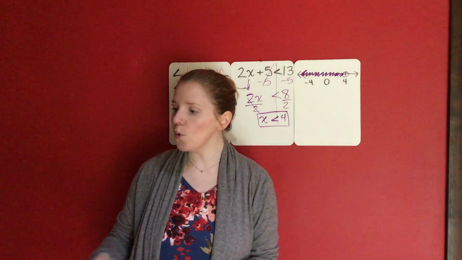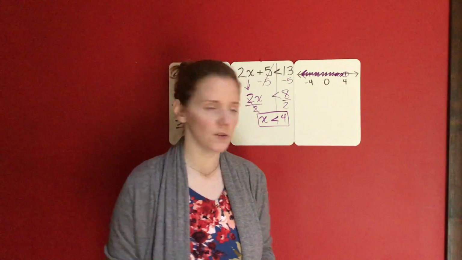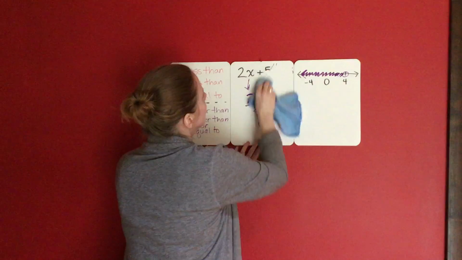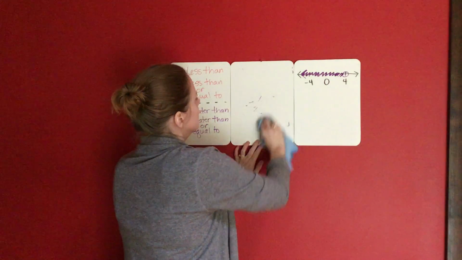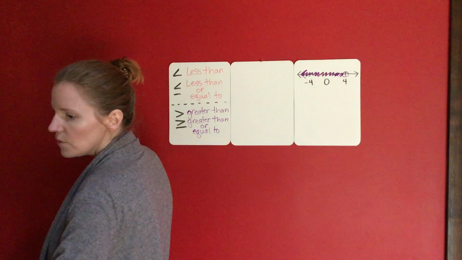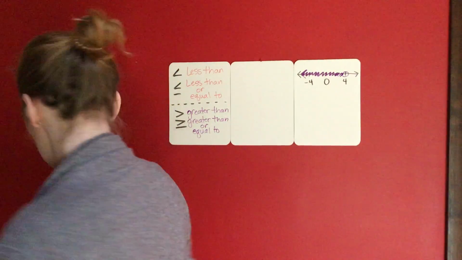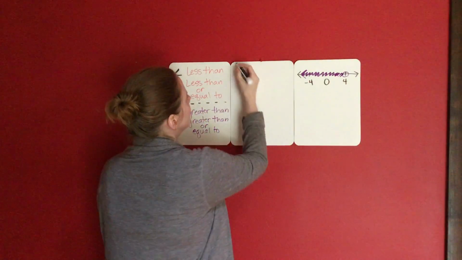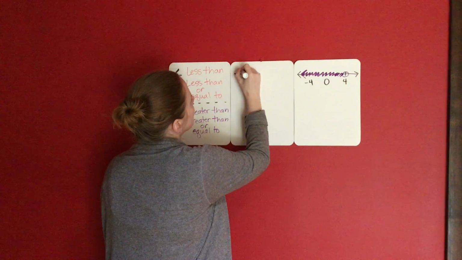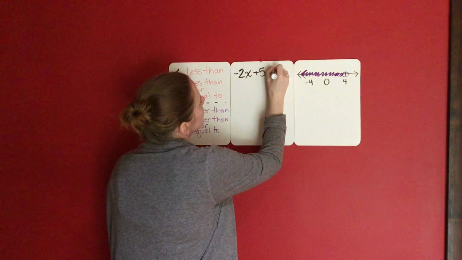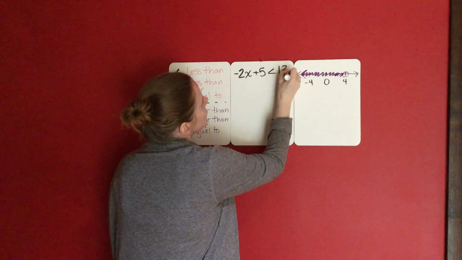There was only one other special rule with inequalities. I'm going to take this board, and we're only going to change one little thing about what we just solved. We had 2x, so we're going to make it negative 2x plus 5 is less than 13.